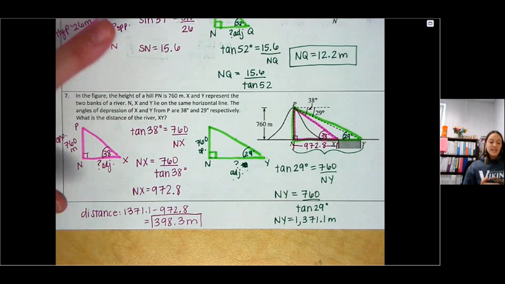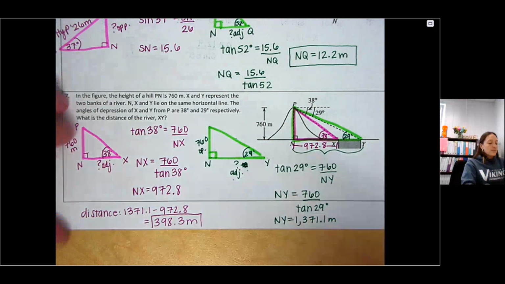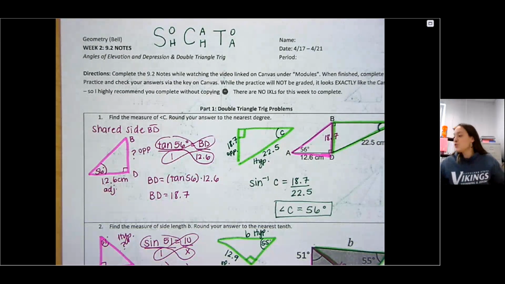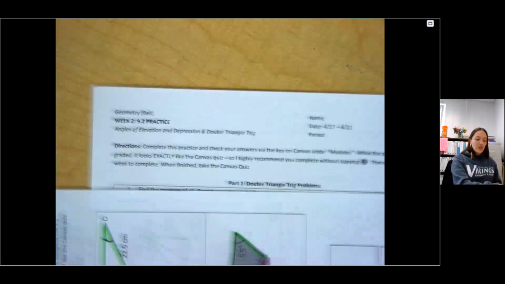So those were your notes for section 9.2. From the sub or whoever's there, you're now going to get the paper that says week 2, 9.2 practice. I don't want to show you what it looks like, but you're going to see it looks exactly the same. I'm going to post the answers to this practice, and when I say it looks the same, I literally mean they should match up almost exactly.